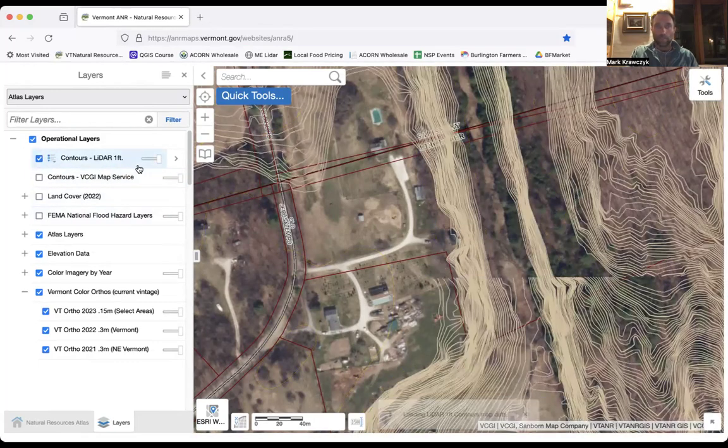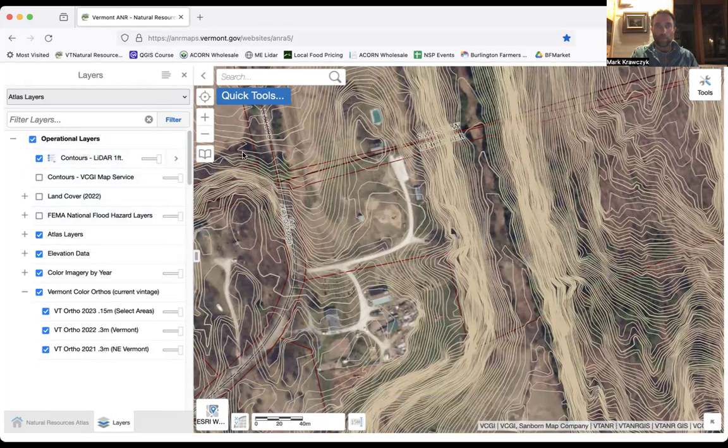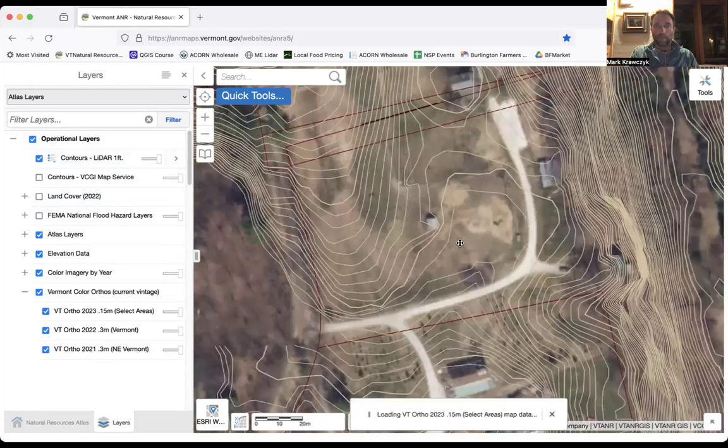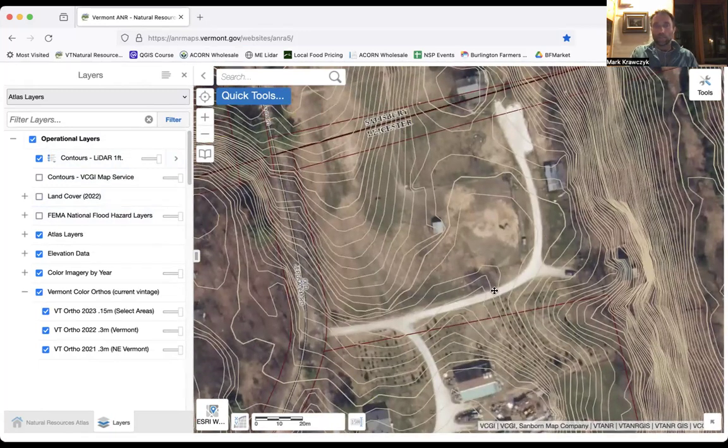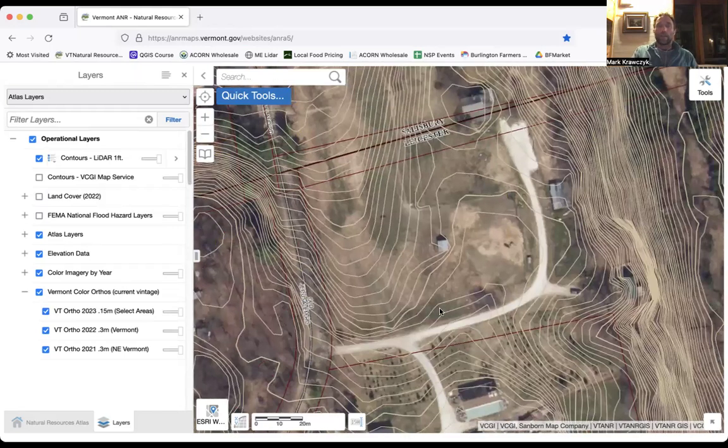So we're going to turn on the LiDAR data where we have 1-foot contours. And you have to take all this with a grain of salt, but they are surprisingly accurate. And so from this, now we can make out a lot more detail about the nature of this landscape.